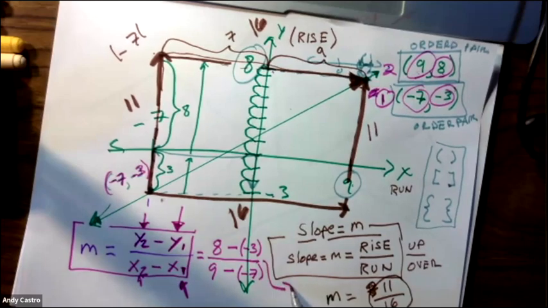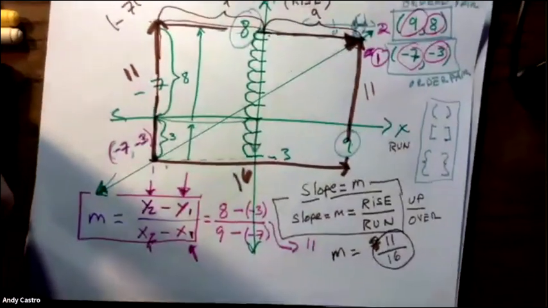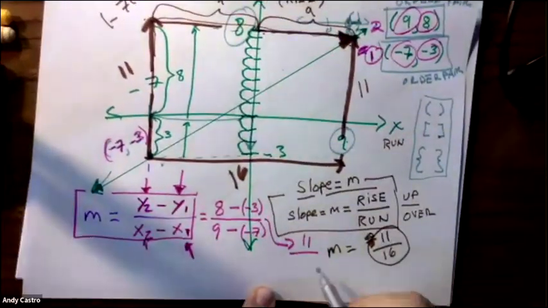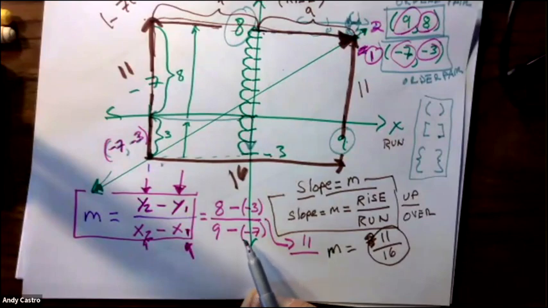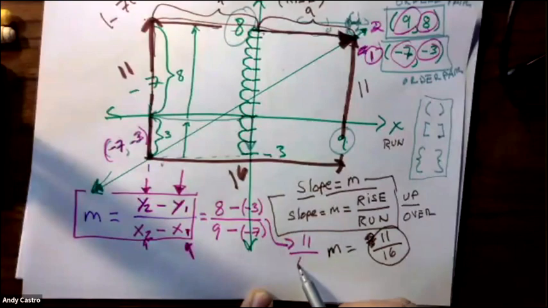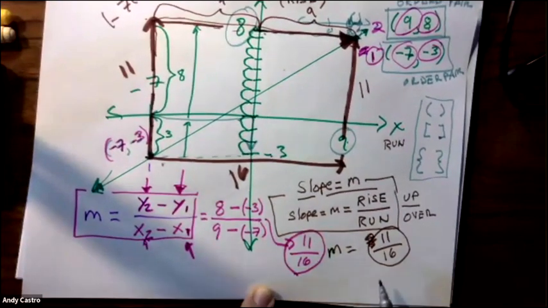So what does that give me? 8 minus -3 is 11. And over 9 minus -7, well, that's 9 plus 7, or 16. So you see how we got to the same number, 11 over 16.